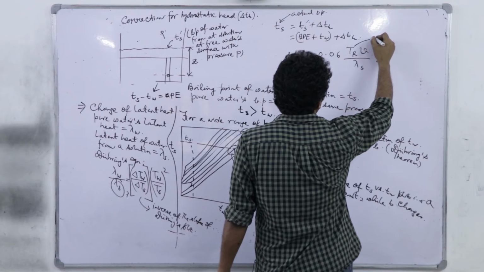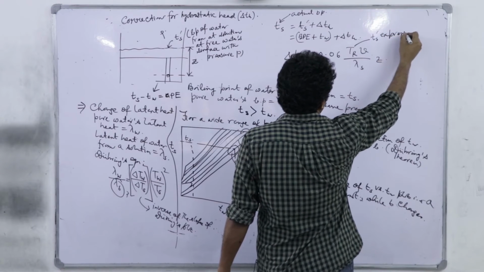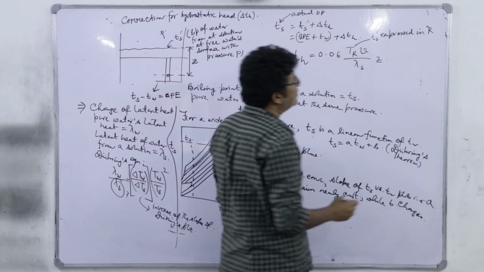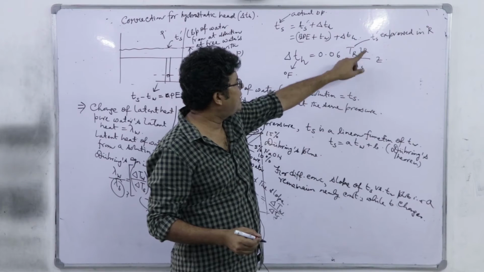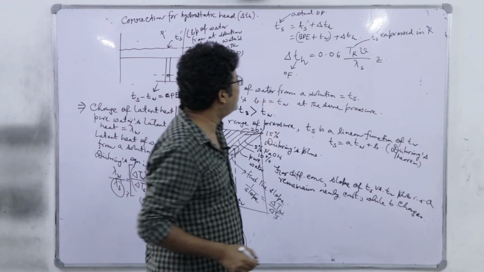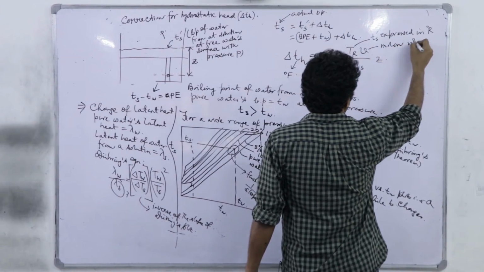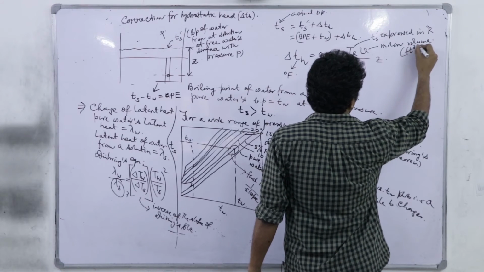TR is Ts prime expressed in Rankine, right? V is the molar volume of the vapor, so it is feet cubed per pound mole.